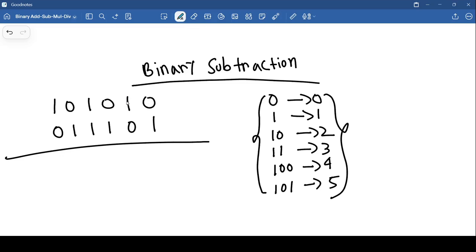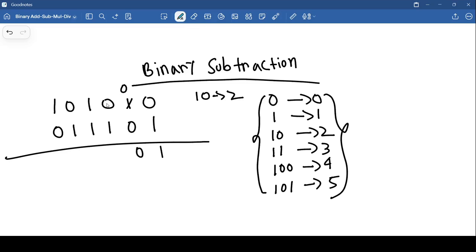This 0 will borrow 1 from here, and it will become 10. And in binary 10 means 2 in decimal. So 2 minus 1, it's 1. Okay. And so 0 minus 0, it's 0.